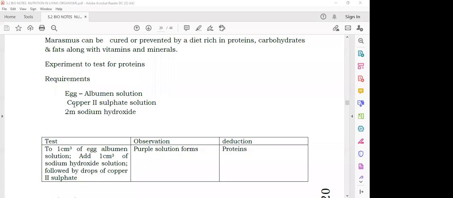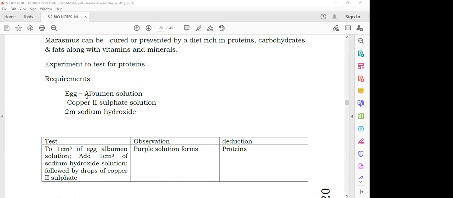If you get an egg and open it, what we call the egg white, that content without yolk, is egg albumin. It has a lot of proteins in it. So that's why in the requirements here, we need egg albumin, copper 2 sulfate solution, and sodium hydroxide.